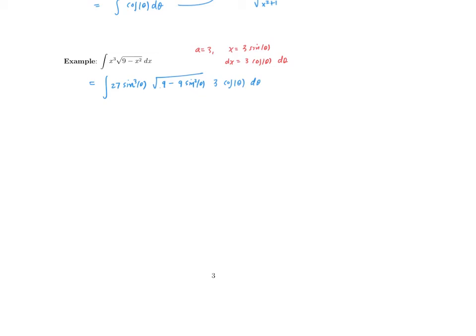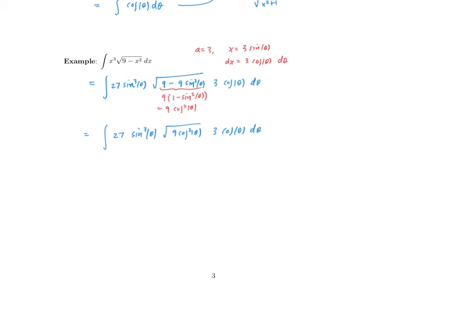Focusing in underneath this square root, note we have 9 times 1 minus sine squared theta, which is really why we made this substitution. 1 minus sine squared is cosine squared. So rewriting this, we have 27 sine cubed theta, the square root of 9 cosine squared theta, 3 cosine theta.